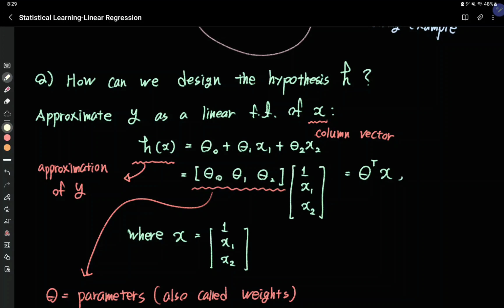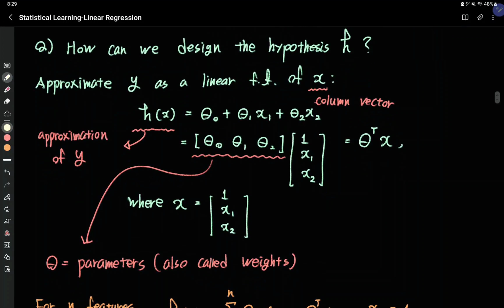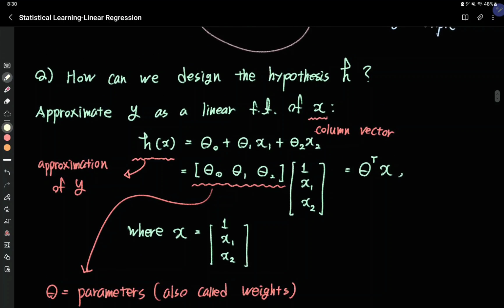Now we approximate y by the hypothesis h, so we can say h is the approximation of y. And then we define h as a linear function. Let's consider only two features, so that's why we have x1 and x2, subscript 1 and subscript 2, the first feature and the second feature.